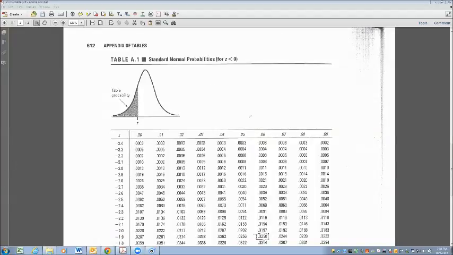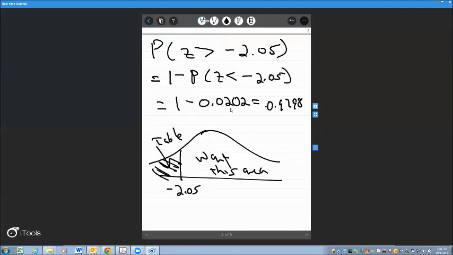So we end up with, again, one minus 0.0202, which is 0.9798.